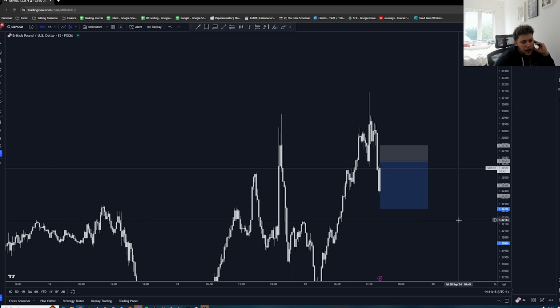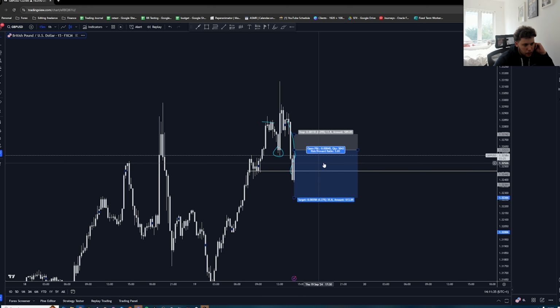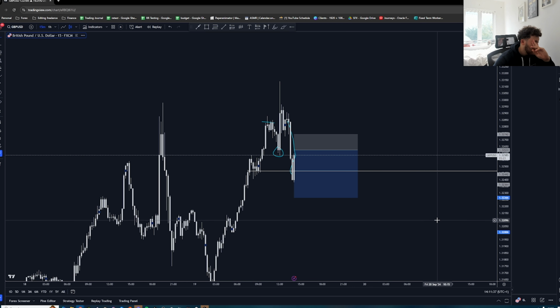So the reason is because the low that broke the previous high has just been broken. But not only that, this low here has also been broken. So we broke 2 times to the downside. And so from that alone, that would be enough for me to look at selling.